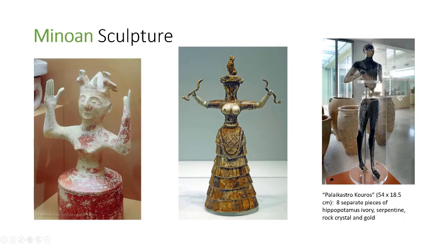So this is a really cool piece, also made of ivory, hippopotamus ivory. Actually, 8 separate pieces put together. Also serpentine and rock crystal and gold were used. And the one on the left is probably also maybe a goddess figure or a worshipping figure of a female.